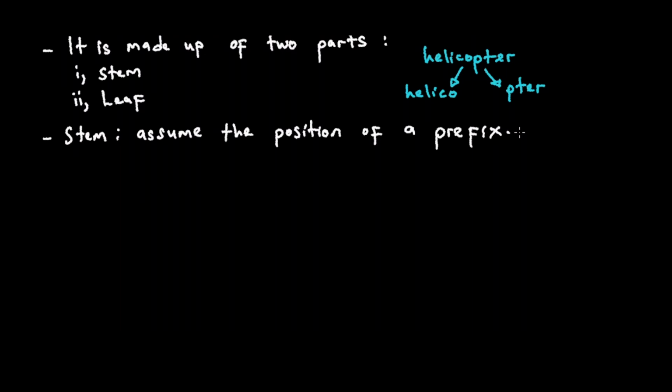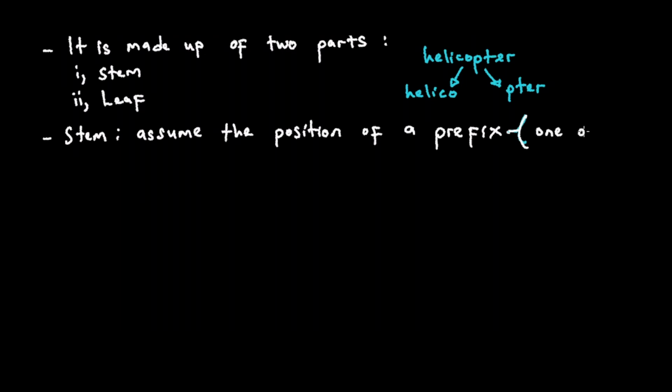Saka kana tichiti a stem assumes the position of a prefix, tirikuti, that is one or more digits at the beginning of the number. Saka prefix, maybe let us put in brackets: what do we mean by prefix?